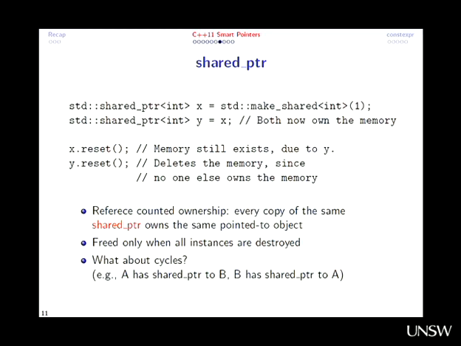You think that object A has been destroyed, but it hasn't. Because, remember, it's referencing B, and B also has a shared pointer back to it, so you've got this cycle going on. I probably should have a code example for this, I don't, unfortunately.